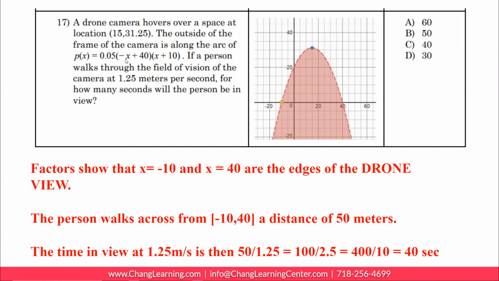Also, if we plug in 40, we'll have 0.05, which is this first factor here, times, well, this will be 0 because that'll be negative 40 plus 40, that's 0. So a number times 0 is 0, times whatever, times 50 is 0. So we get another 0 on the map if we plug in the number 40.